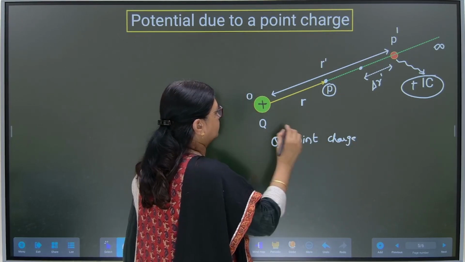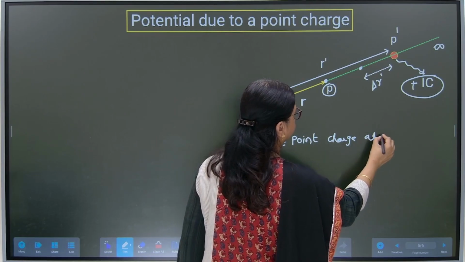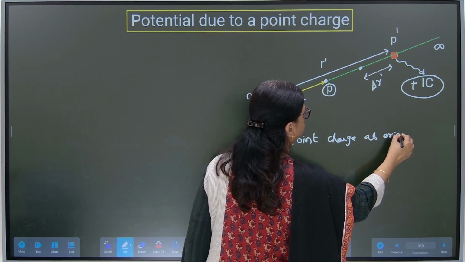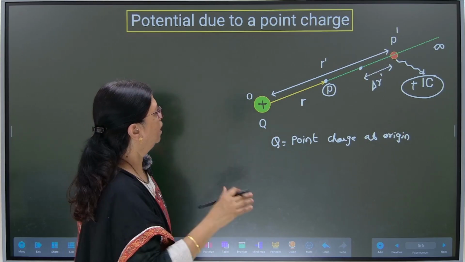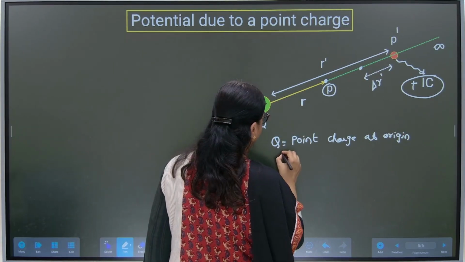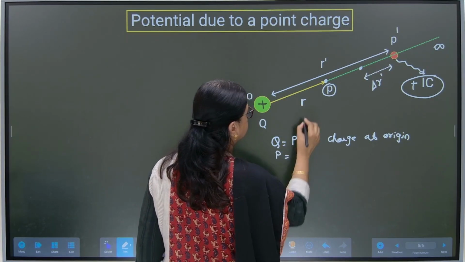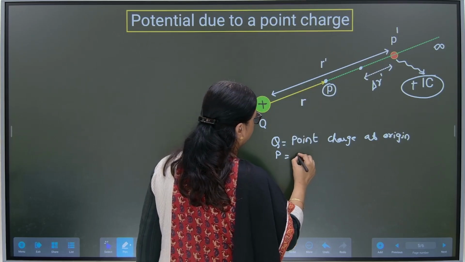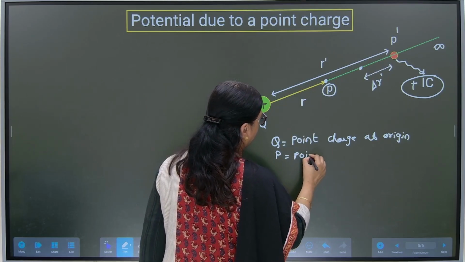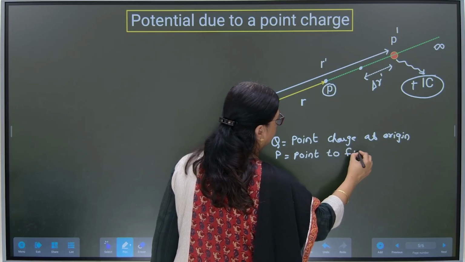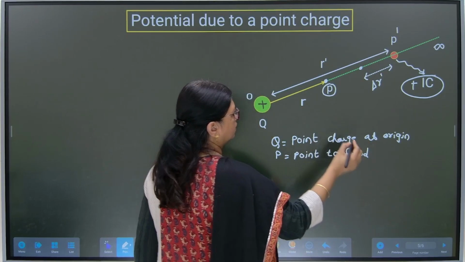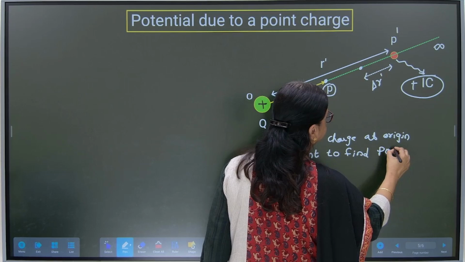Now, where is it kept? At the origin. O is the origin. So, we have a point charge capital Q kept at the origin. Okay. What is the point P? P is the point where we want to find the potential.